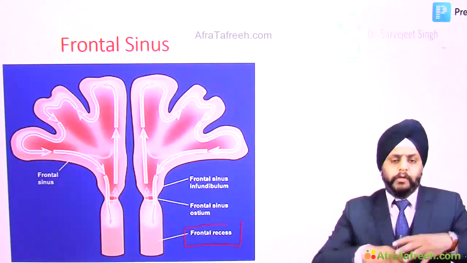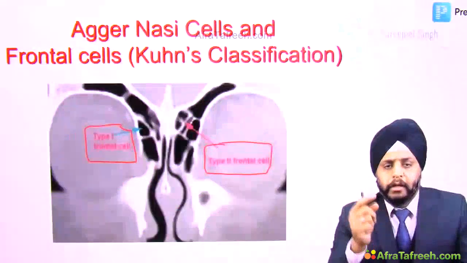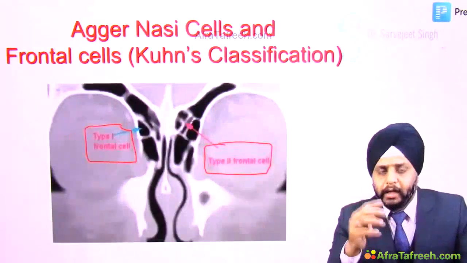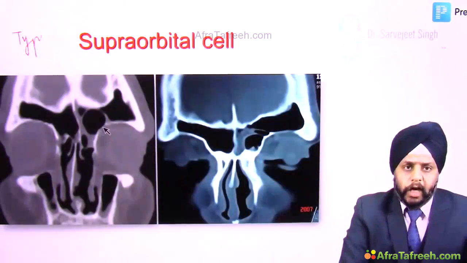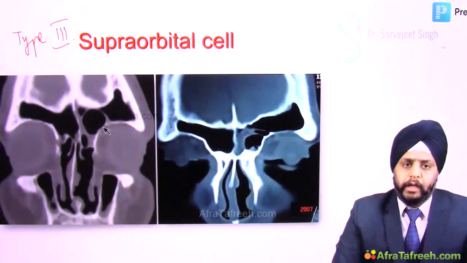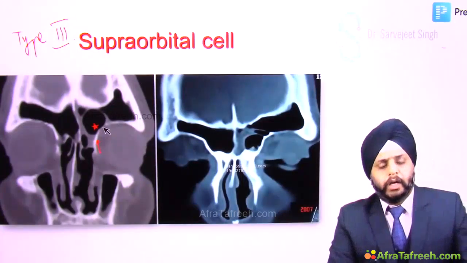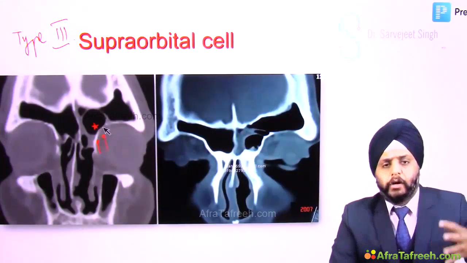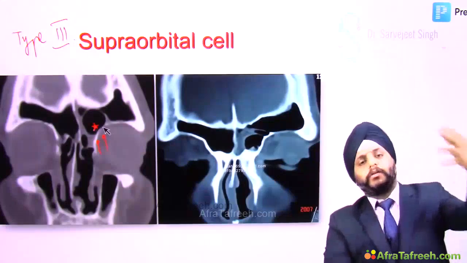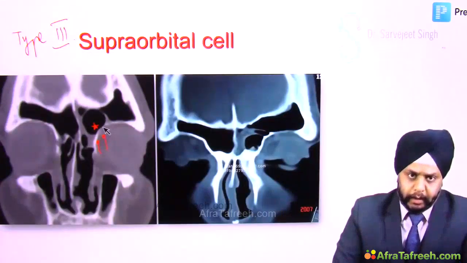Now suppose these cells go in the frontal sinus, then the cell above the agger nasi is known as a type 3 frontal cell. So you see over here, this cell is going into the frontal sinus. This is known as a type 3 frontal cell, and this special cell is not only in the frontal sinus, it is also above the orbit, so it is known as a supraorbital cell.